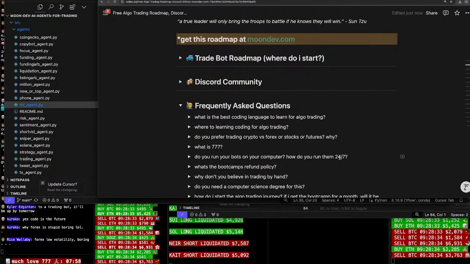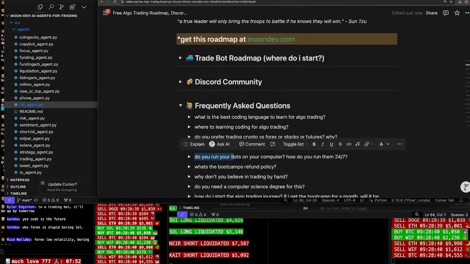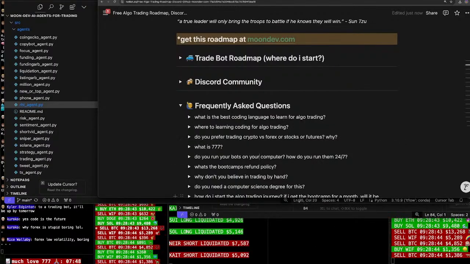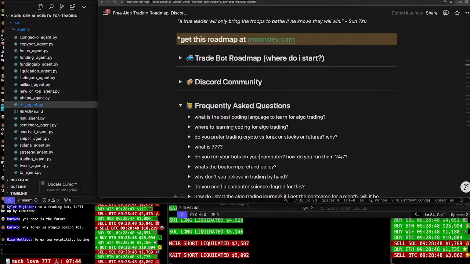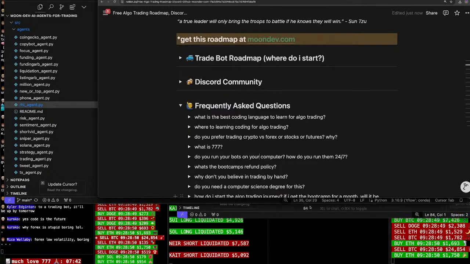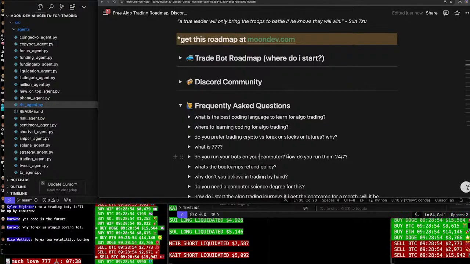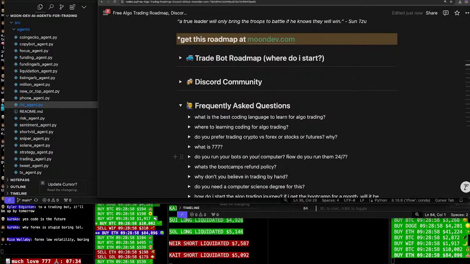Do you run your bots on your computer? How do you run them 24/7? So when I first got started, I had like a side computer that I would just run everything on. And I'll even run it on my main computer. Doesn't matter. The only downside is you have to keep your computer connected to the internet. But the process I teach you is the RBI system. Remember that. In the RBI system, you don't run bots until step 3, and we haven't even got there yet.